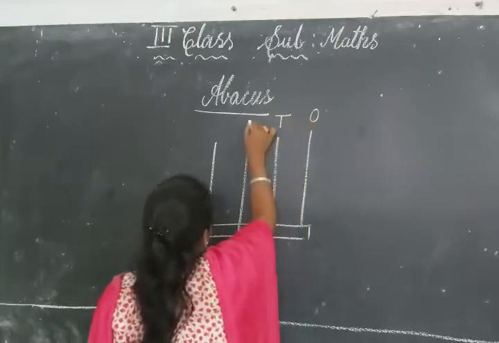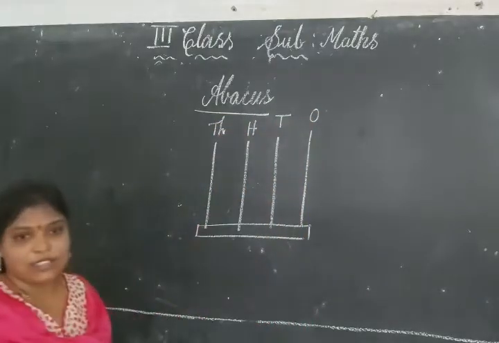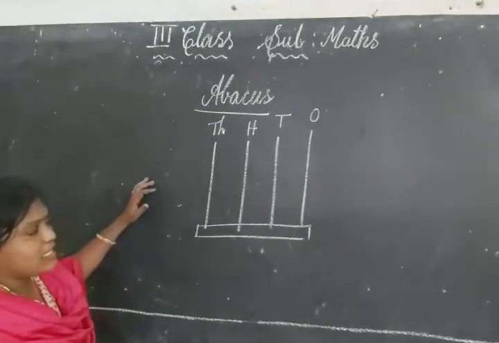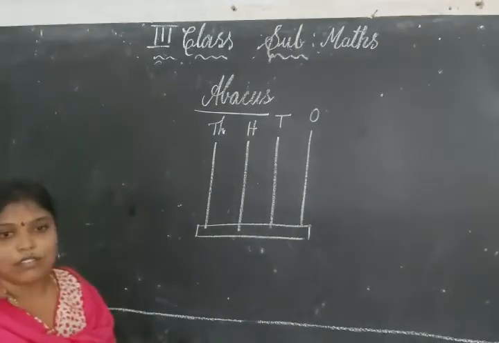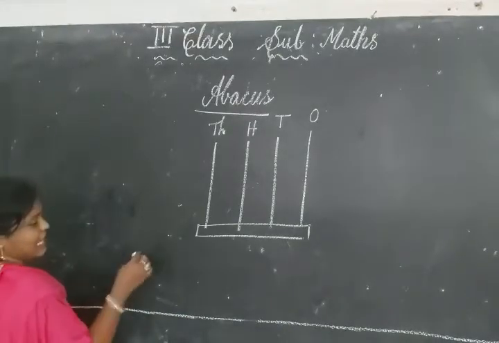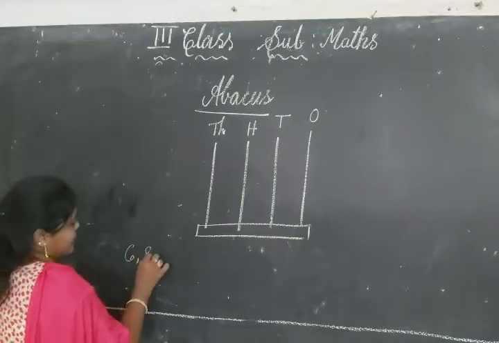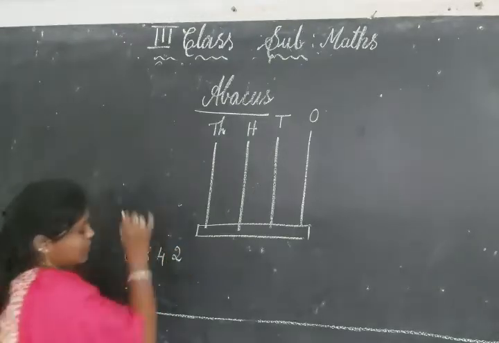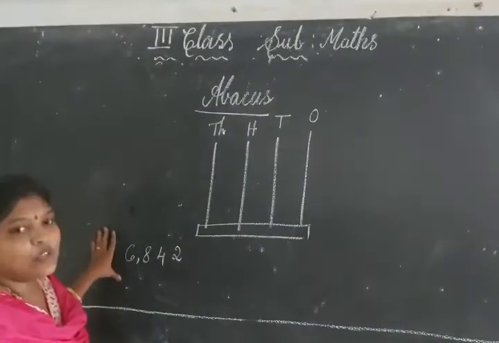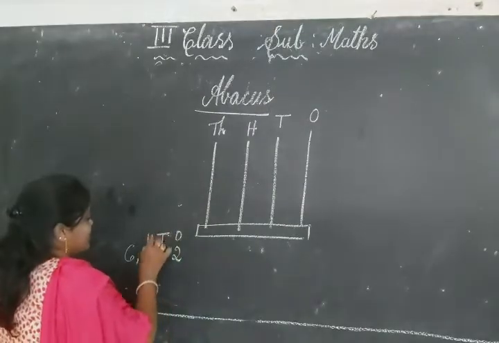Ones, tens, hundreds and thousands. Let us see how to represent a number. Let's take any number. For example, 6,842. So, how to represent this number on abacus?